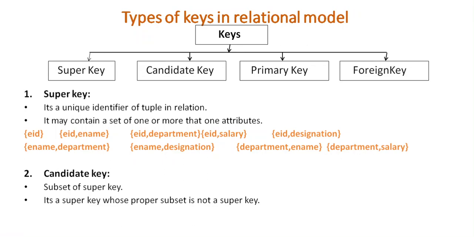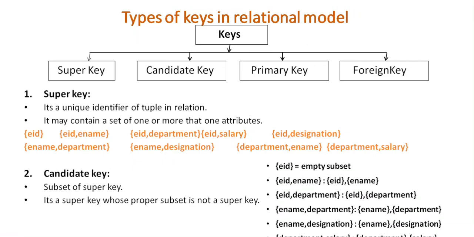See, a candidate key is a subset of super key, but whatever candidate key is there, if we take a subset of that candidate key, then that subset should not be a super key. Okay, now let's take one example for this. See, here at the right side you can see all the super keys or all the candidate keys in a table and their subsets.